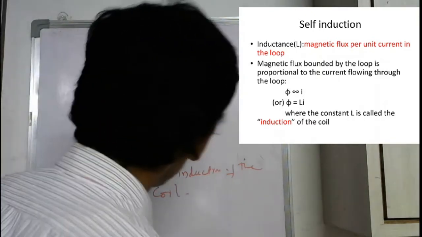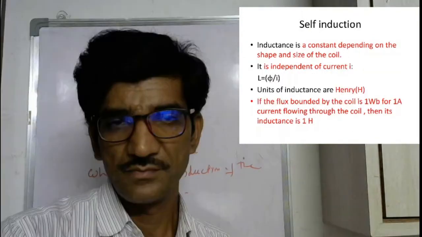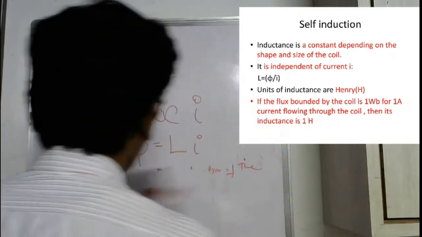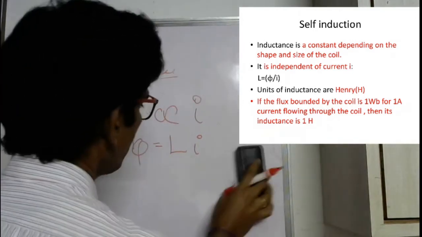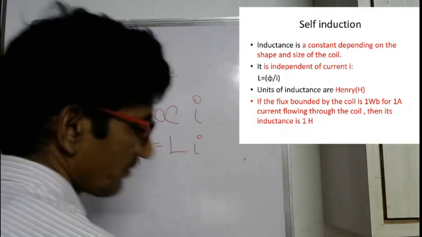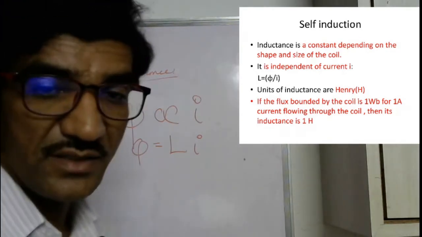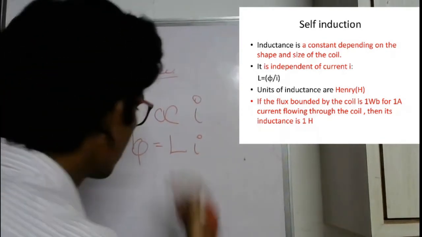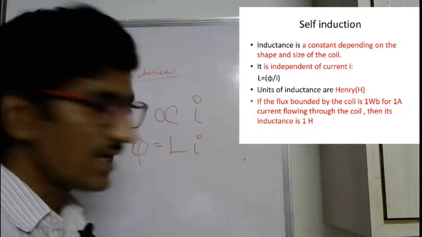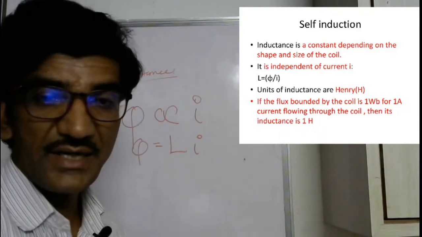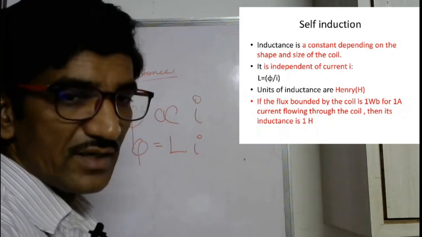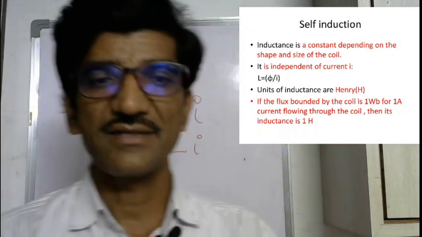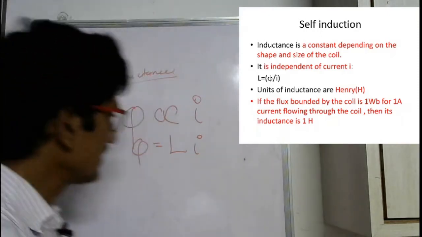We have already studied the definition of inductance. I define this L to be the ratio between phi and I, because I defined L, inductance, as the flux for unit current.